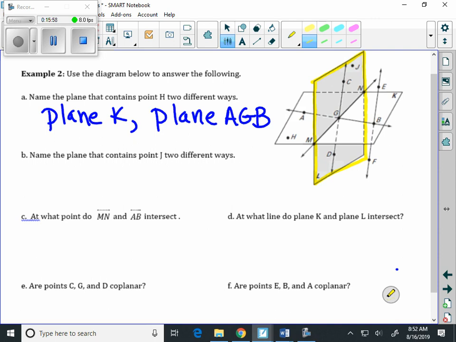And the plane that contains J in two different ways, well, where's our italics? It's down here in the lower left corner, so we can say plane L. Or we can pick 3 points within that plane. And I'll try to be a little bit consistent. Why don't we just say plane DGC? There's 3 points that are inside of that flat surface.